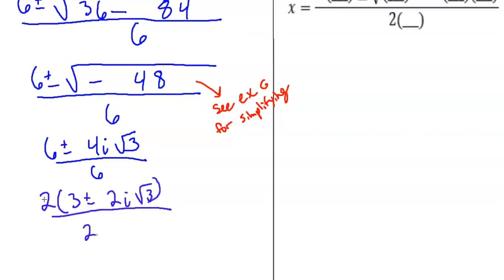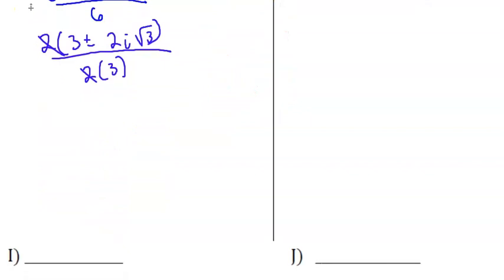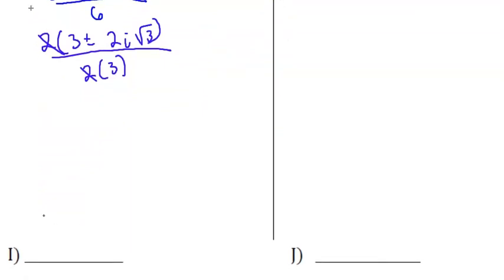And 6 is the same thing as 2 times 3. The 2's cancel out. So there you have your solutions. 3 plus or minus 2i square root 3 all over 3.